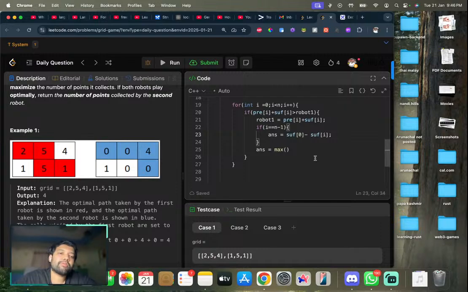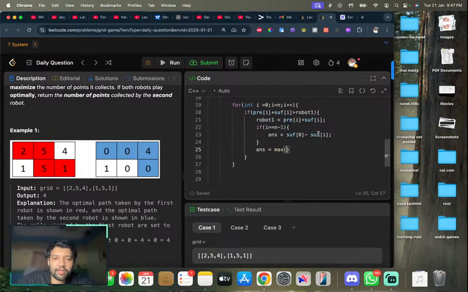i is equal to n, so second line only. And if i is 0, then should I do anything? Pre of 0 minus pre of i, that will be 0.